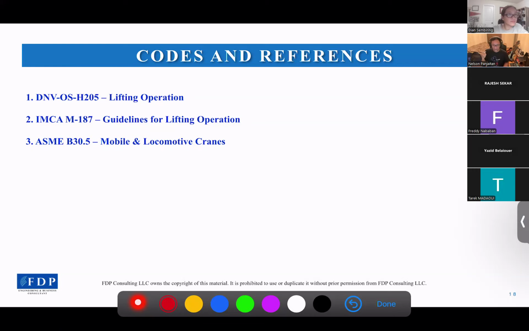Then IMCA M1X7, also about lifting operations. And the last one is ASME B30.5 about mobile and locomotive cranes. So those are the codes and references I usually use, but not limited to them. You can choose whatever codes or references are suitable for your current project or your company.